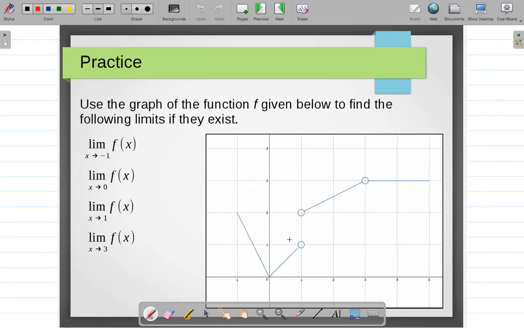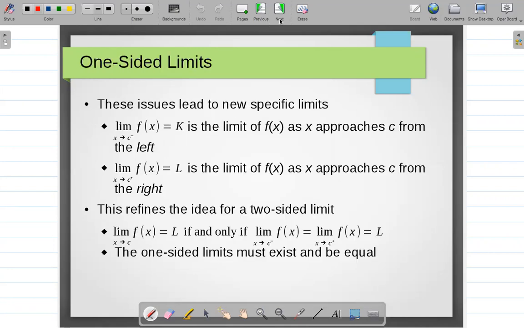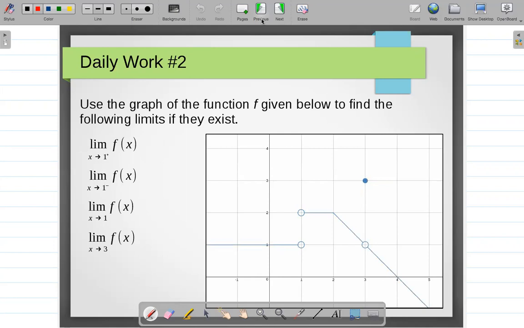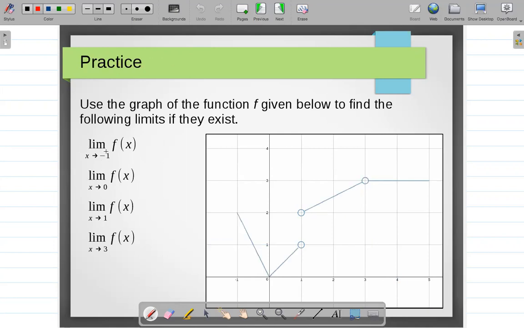The only time I say this exists is when the limit as x goes to -1 from the right and the limit as x goes to -1 from the left of f of x both have the same value, right?